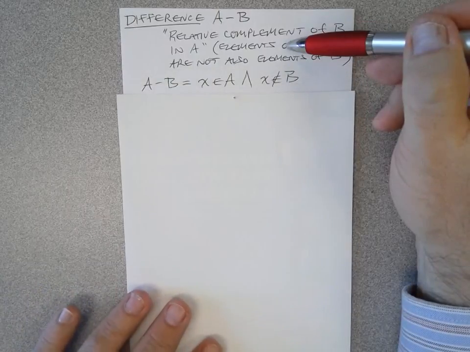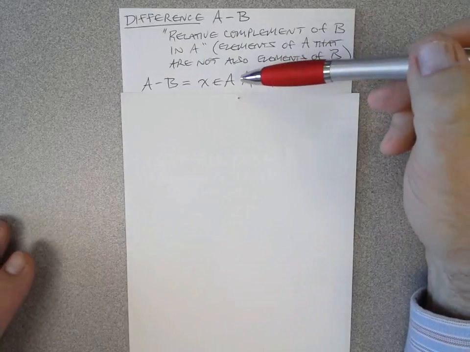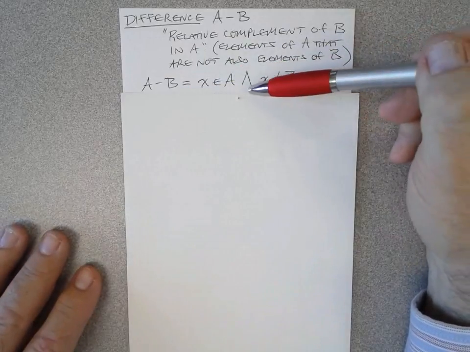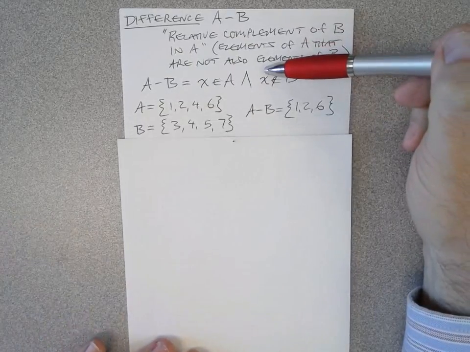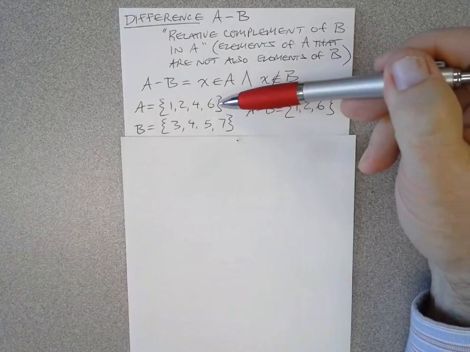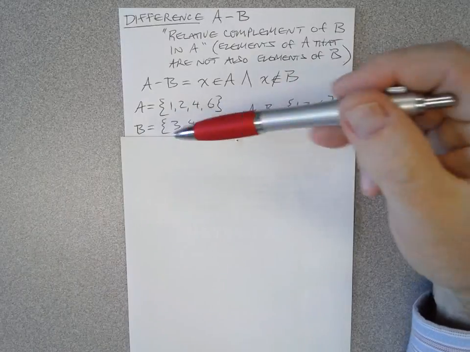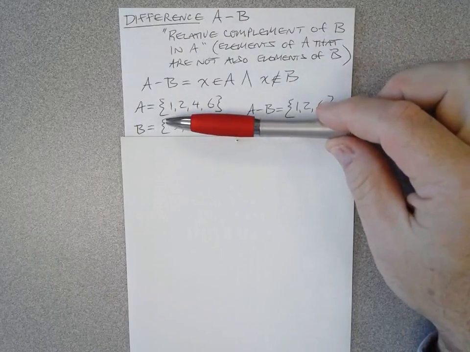If you think about it, if we started out with set A and we removed B, then we're looking for all the elements that are in A, but also not in B. Here, with our example, we had 1, 2, 4, and 6 are in A, 3, 4, 5, and 7 are in B. If we were to remove 3, 4, 5, and 7, how would that affect A?